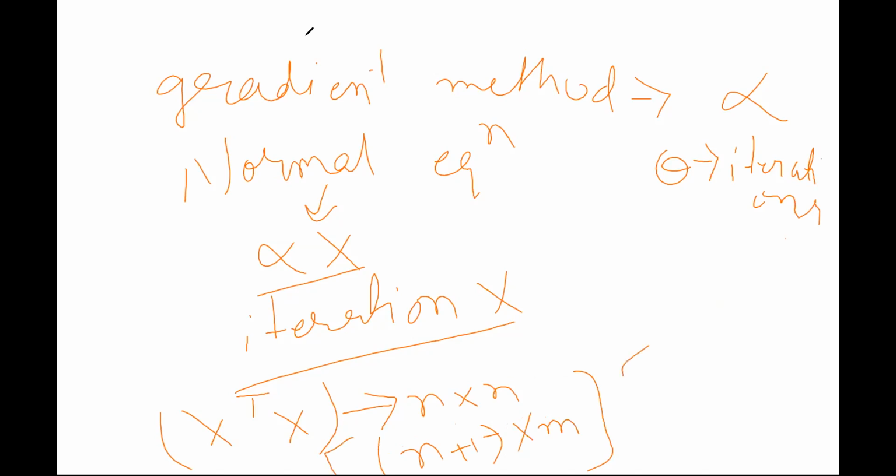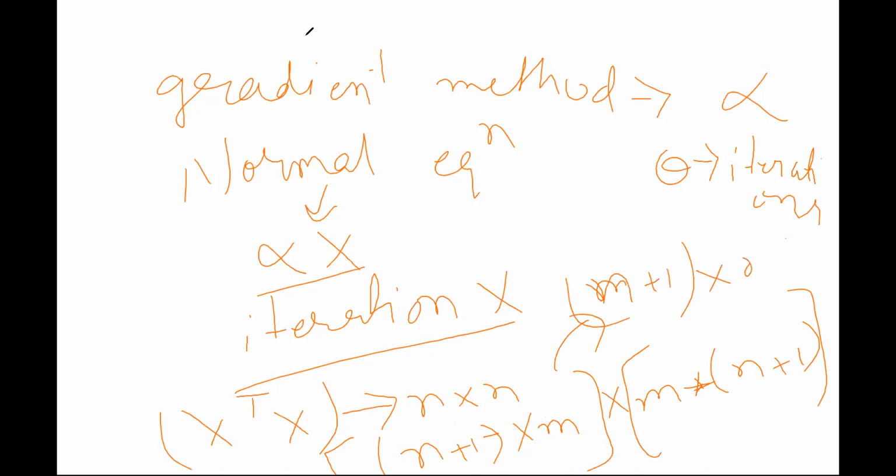Then you multiply by the m cross n plus 1 matrix. The product of these two matrices gives a matrix of size n plus 1 cross n plus 1.